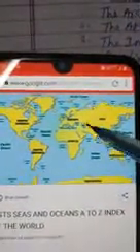Here it is a part of the Indian Ocean, here it is the Pacific Ocean, and here you can see the Antarctic Ocean.